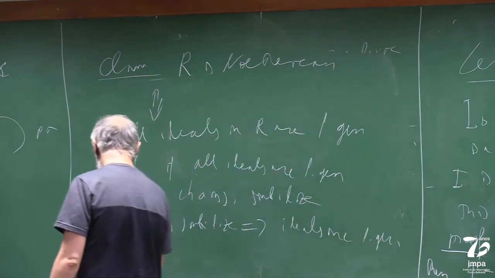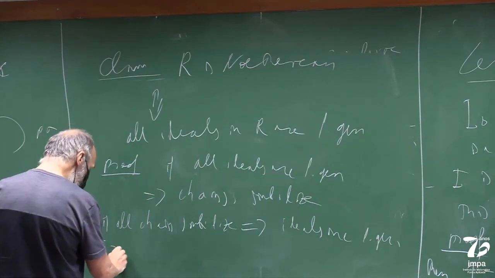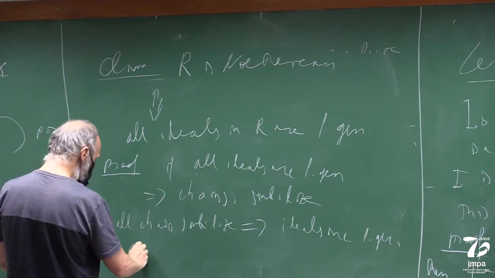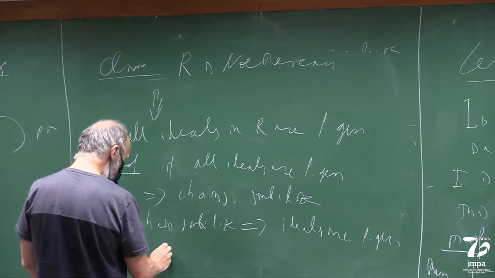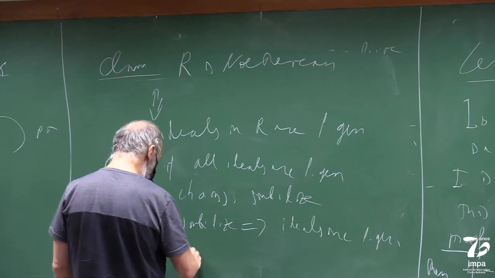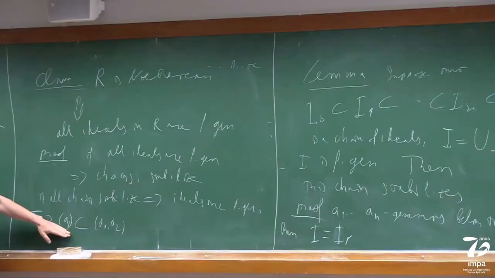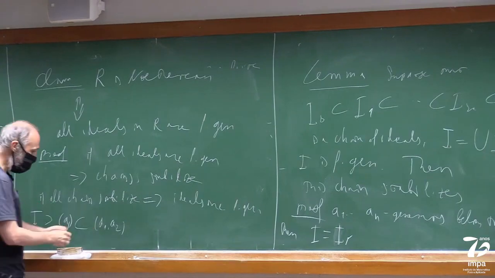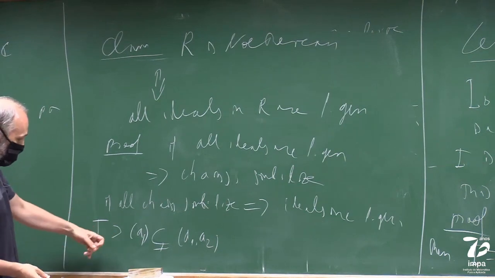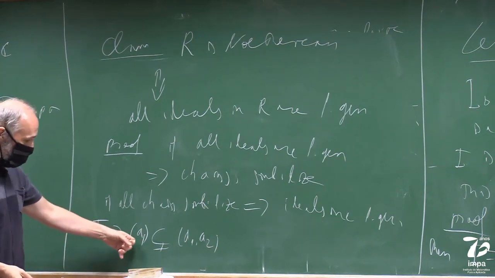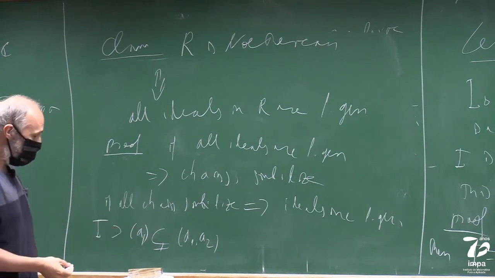Indeed, you take an ideal I, you take its subset generated by A1. And then you take its bigger, possibly bigger subset generated by A1, A2. And if I is not generated by A1, you can always find A2, which belongs to I but doesn't belong to the ideal generated by A1, so this inclusion is strict.